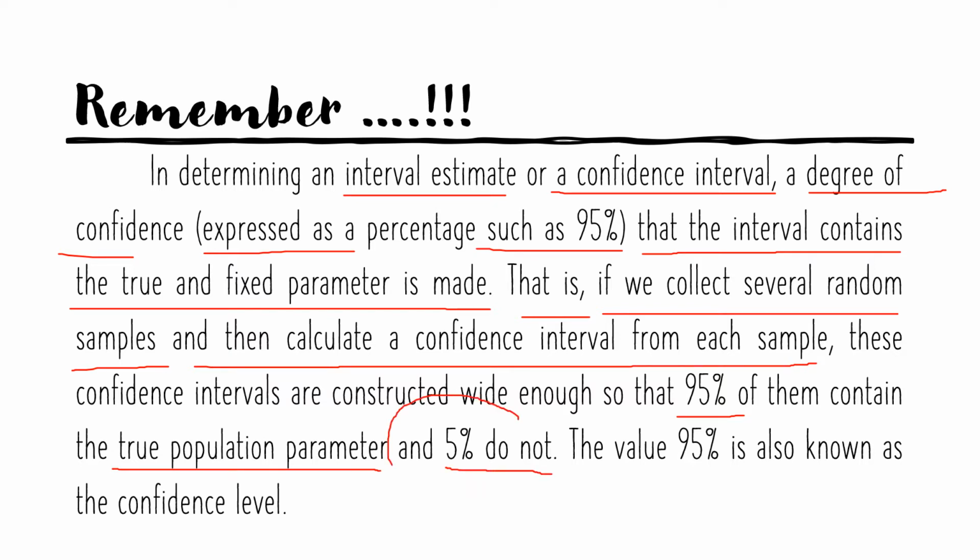This 5% will serve as your alpha or level of significance. This will be the maximum percentage of error that a researcher wants to meet. The value of 95% is also known as the confidence level.